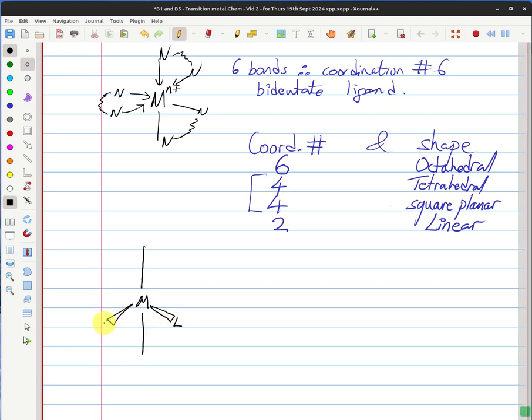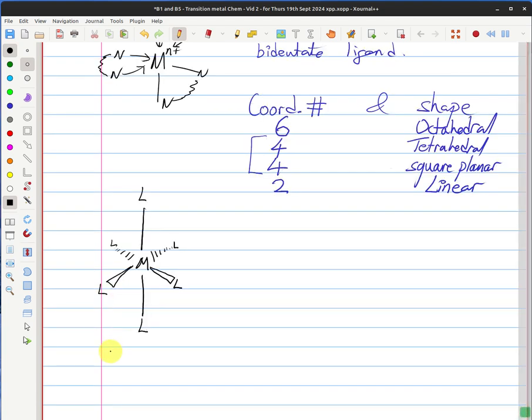Let's just say L for ligand. Let's just consider monodentates. And then we also have bonds to ligands going into the plane away from you. So they're at the back. So that's your octahedral shape, which we have mentioned a few times already, not only in A2, but in AS as well.